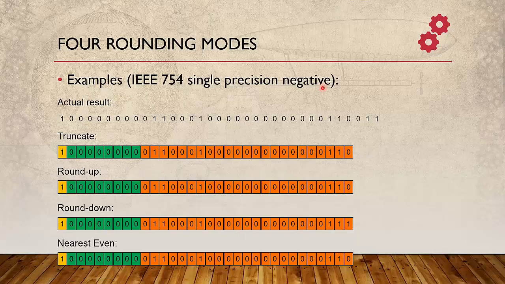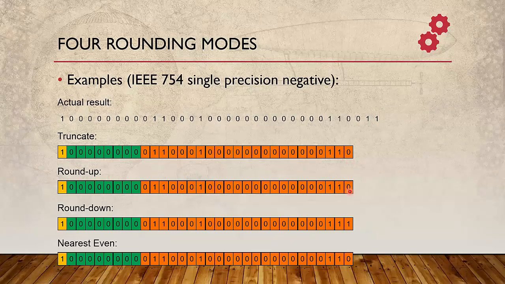For negative results, truncation is still the same. Okay, let us pay attention here. The last 6 bits in the result here are 110011. So if we do a simple truncation, we just get rid of the last 3 extra bits, so we are left with 110.